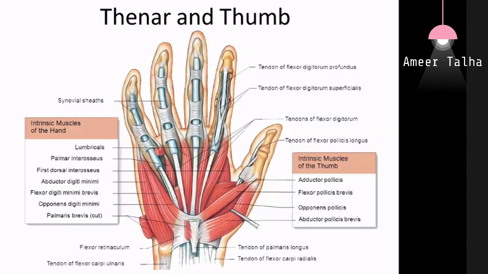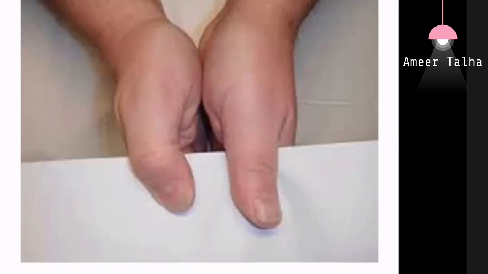And the main function to remember is that lumbricals extend the digit at interphalangeal joints, the palmar interossei adduct the finger, and the dorsal interossei abduct. The rest of the function can be helped out by these muscles, with the main functions specifically associated being lumbricals extension, palmar interossei adductors of the fingers, and dorsal interossei abductors of the fingers.